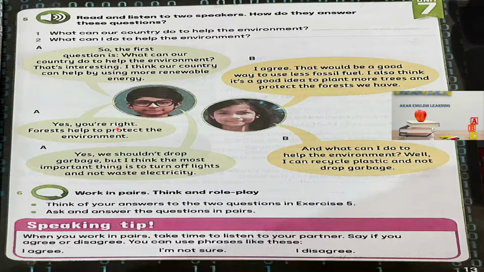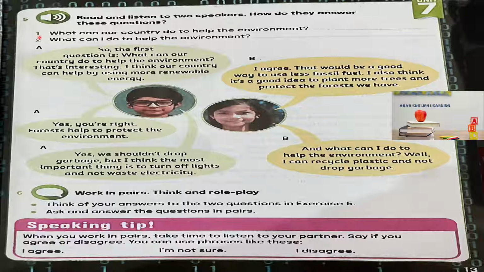Yes, you're right. Forests help to protect the environment. And what can I do to help the environment? Well, I can recycle plastic and not drop garbage. Yes, we shouldn't drop garbage. But I think the most important thing is to turn off lights and not waste electricity.